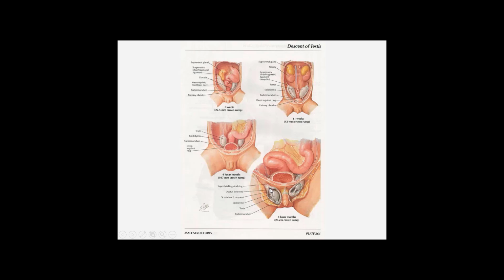Now, as they pass through the abdominal wall, typically after birth, that's going to create a weak spot in the abdominal wall. Males, if they go in for physicals, doctors are going to check for these hernias, which is a rupturing of the abdominal wall where that weak spot is.